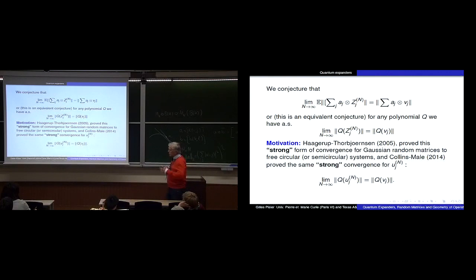So whenever you have coefficients, you should get, in the limit, the same results with these free generators on the free group. This is motivated by several cases in the work of Camille Male in France, where this kind of strong convergence was proved after Haagerup and Thorbjørnsen. And there's a very pretty recent paper by Benoît Collins, who's now a Japanese mathematician, and Camille Male, who's still in France. They proved that this strong convergence that I'm conjecturing here for Z_j^N holds for U_j^N.